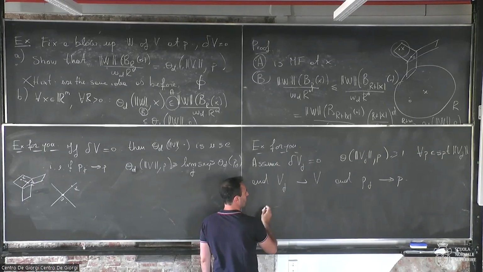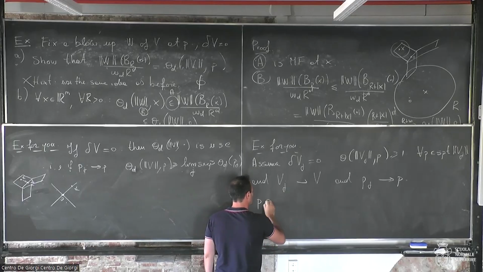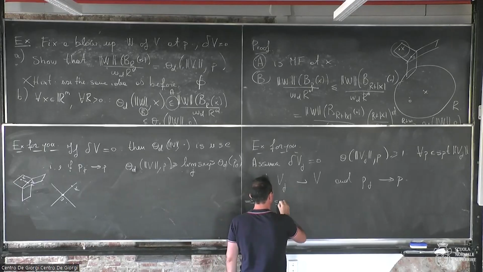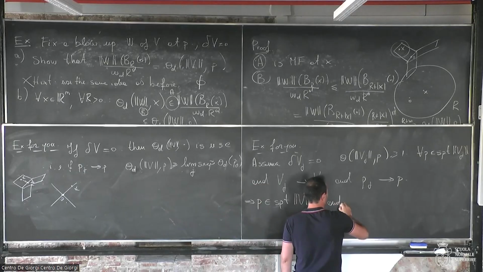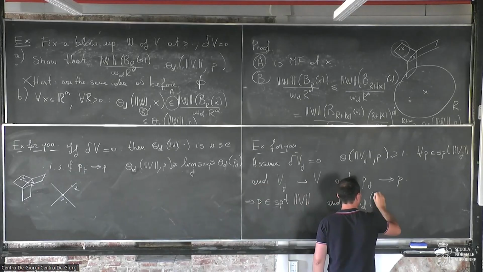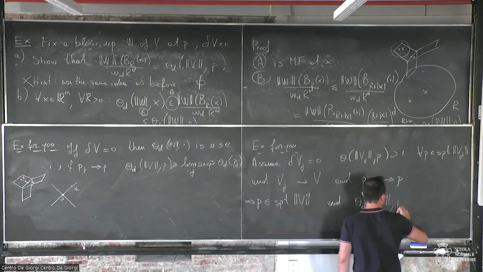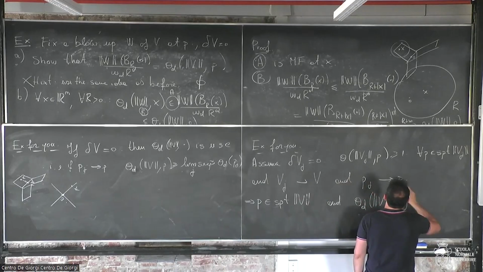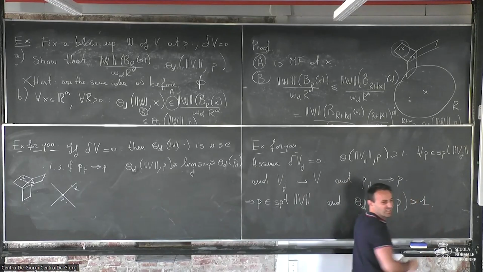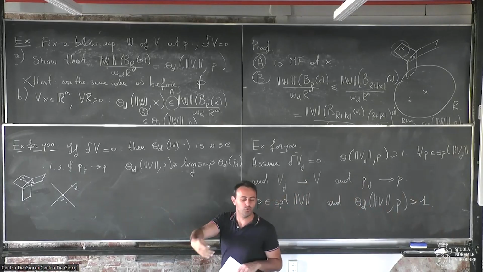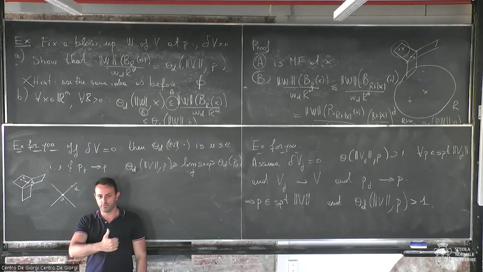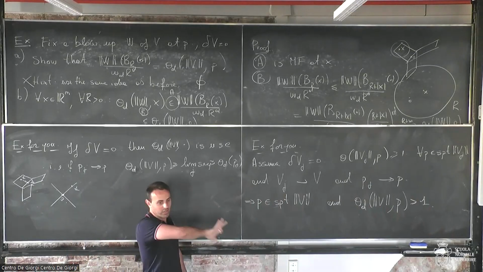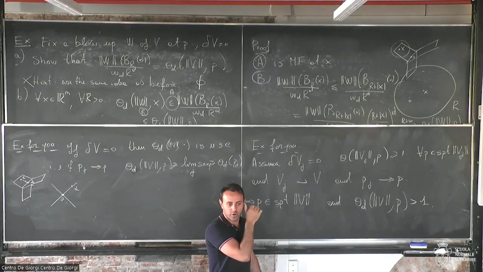So you can prove that P is in the support of the mass of the varifold, and the density of your limiting varifold at P is bigger or equal than 1. Okay, so in a sense, it's a kind of upper semi-continuity for the support. So from one side, you cannot lose on the Hausdorff distance, in a sense, right? So you are always limiting to points that are in the support.